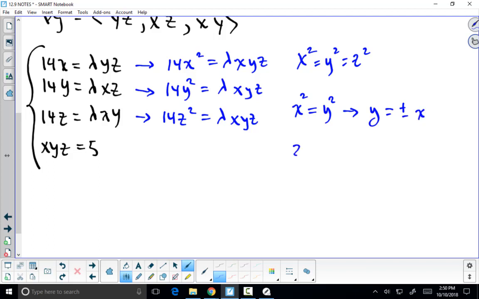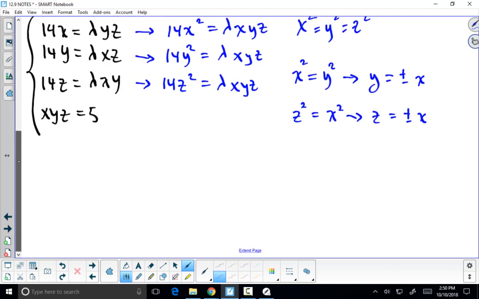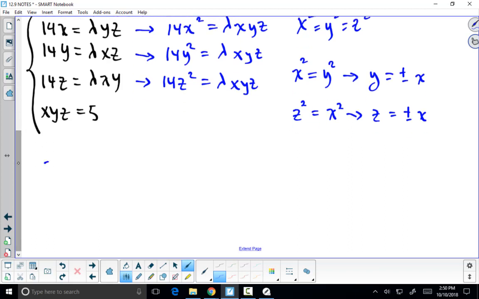And then z: z squared equals x squared, so z is going to be plus or minus x. So we're going to come down here and figure out what is going on. We have x times that stuff, so we're going to put a plus or minus x here and a plus or minus x here. All that's got to equal 5.